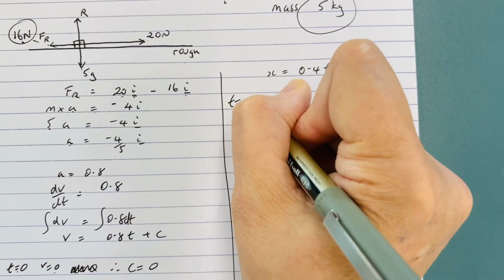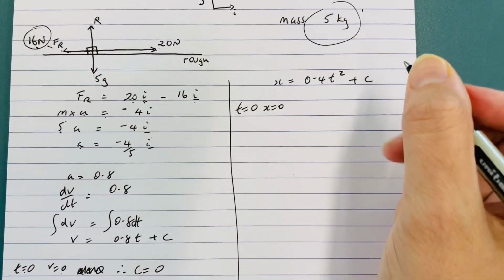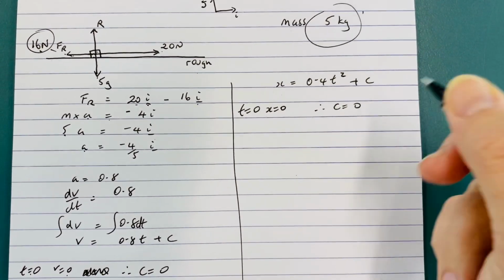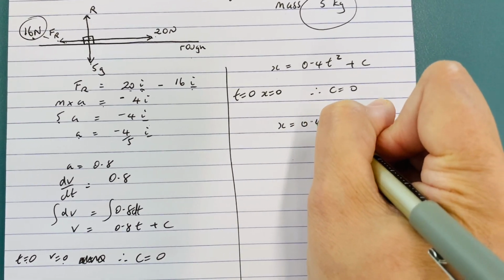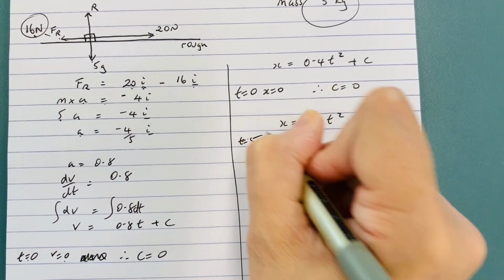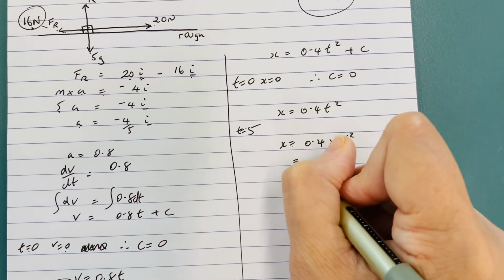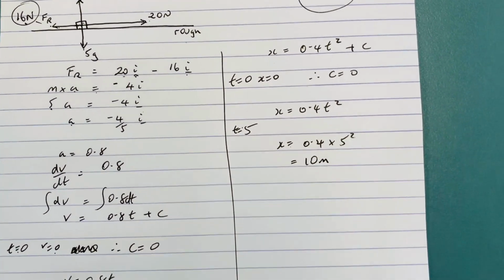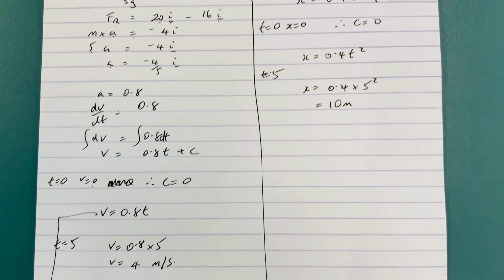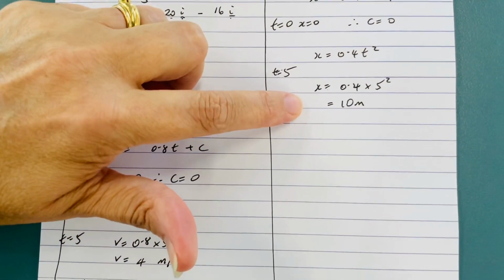Now if we say when t equals 0, x equals 0, therefore c equals 0. So x equals 0.4t squared. So at t equals 5, x equals 0.4 times 5 squared, 10 meters. So at the end of the 5 seconds, the speed is 4 meters per second and it has travelled 10 meters.